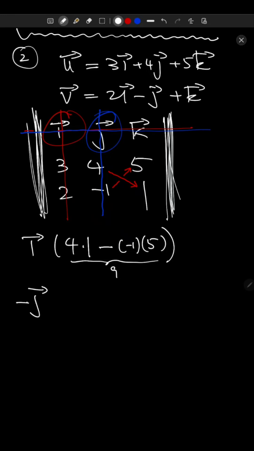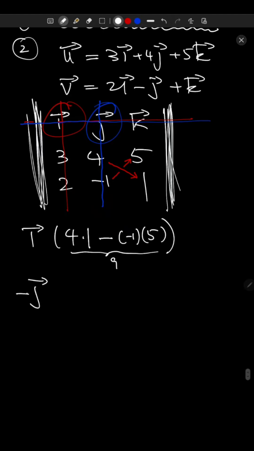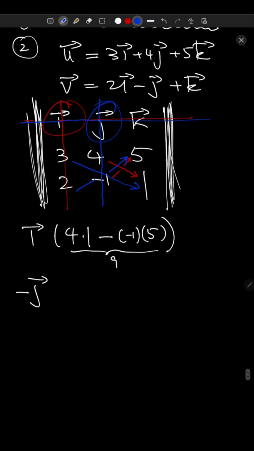If I did this crossing out, I would be left with the 3, the 5, the 2, and the 1. Then what I would do is multiply, same idea, 3 times 1 minus 2 times 5. And that's it. That would be my j term.